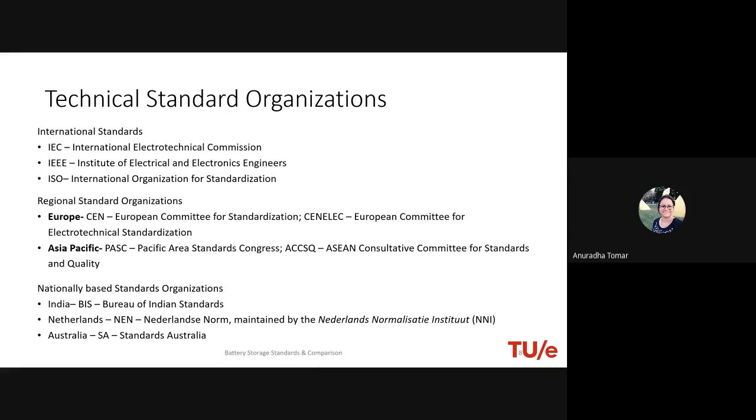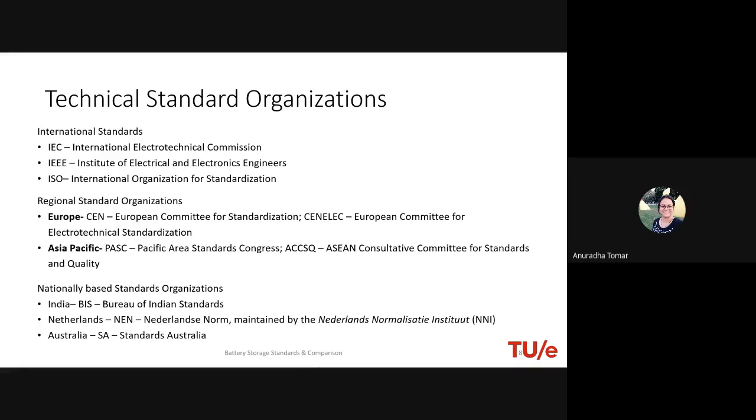International standards organizations include the IEC, the International Electrotechnical Commission, IEEE, the Institute of Electrical and Electronics Engineers, and ISO, the International Organization for Standardization. These are some examples of international standards organizations.